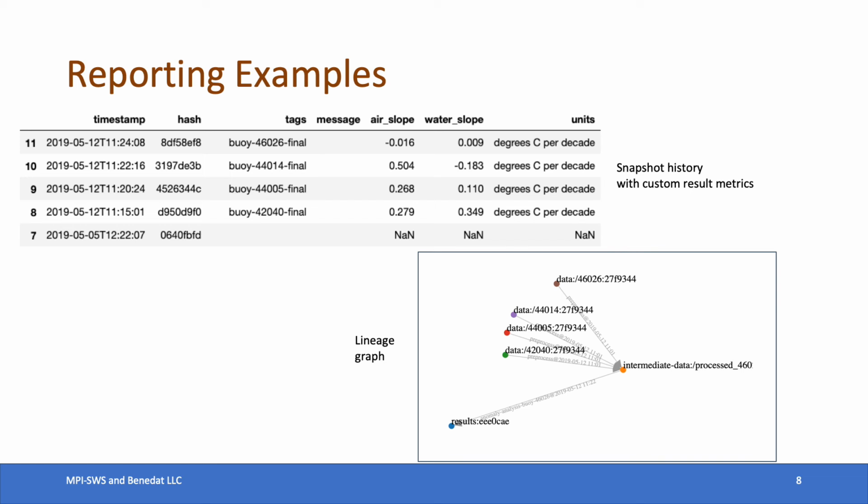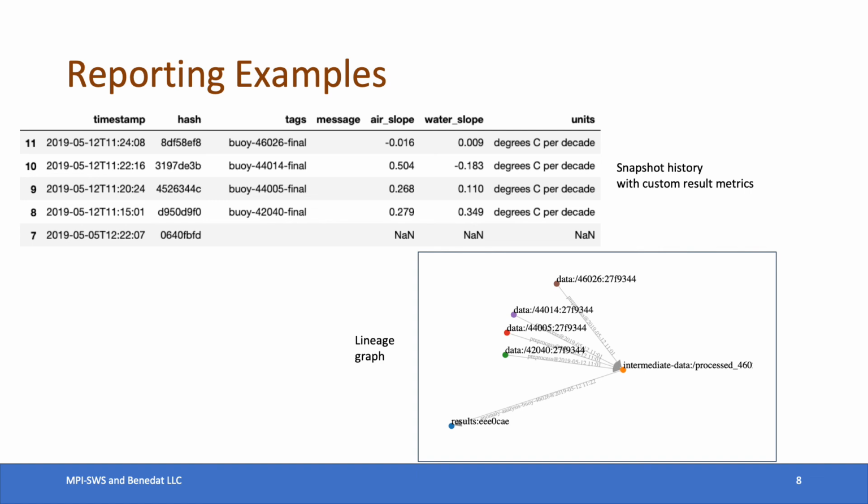We have a timestamp, and a hash, which is a unique identifier for that particular snapshot. You can create a tag that's easy to remember, and you can have a message. Then you see a number of other columns, which are metrics that you define for your particular project. If you see those along with the snapshot, then you can quickly see which experiments were interesting and which need further investigation.